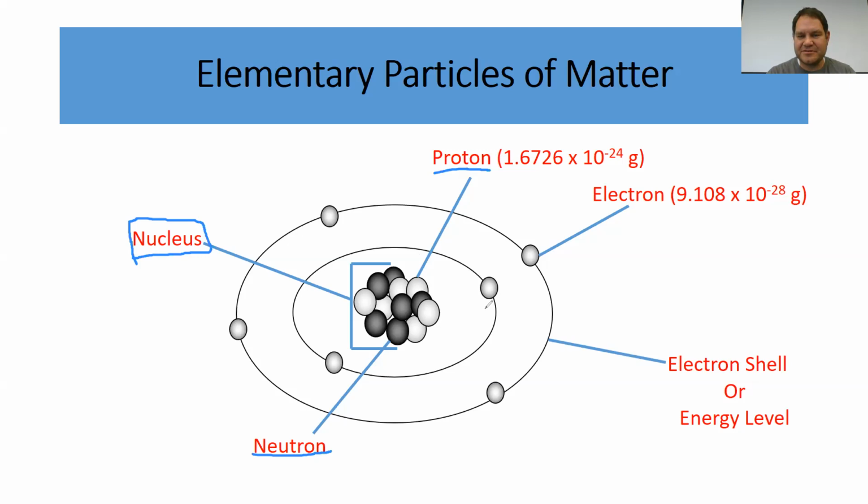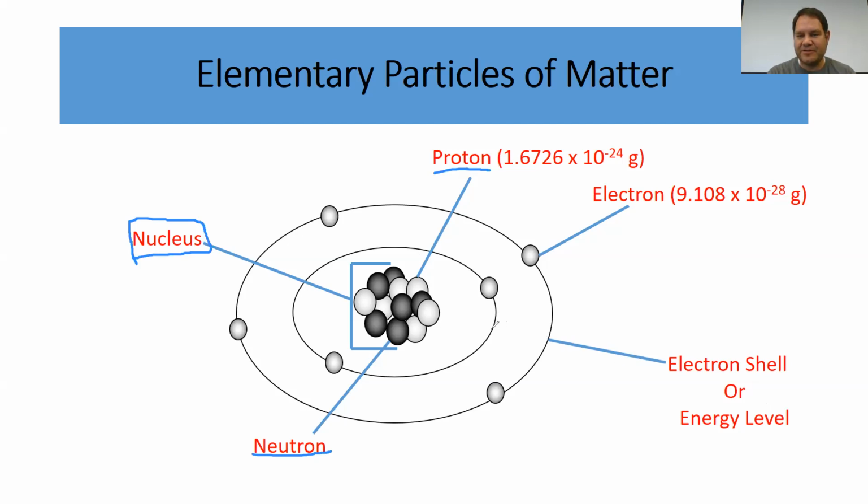Now, where are the electrons? Well, the electrons are found outside of that nucleus, orbiting or moving around in some fashion, as we'll describe a little bit later in the year. Those electrons are found in locations that we call electron shells or energy levels, as pointed out here.